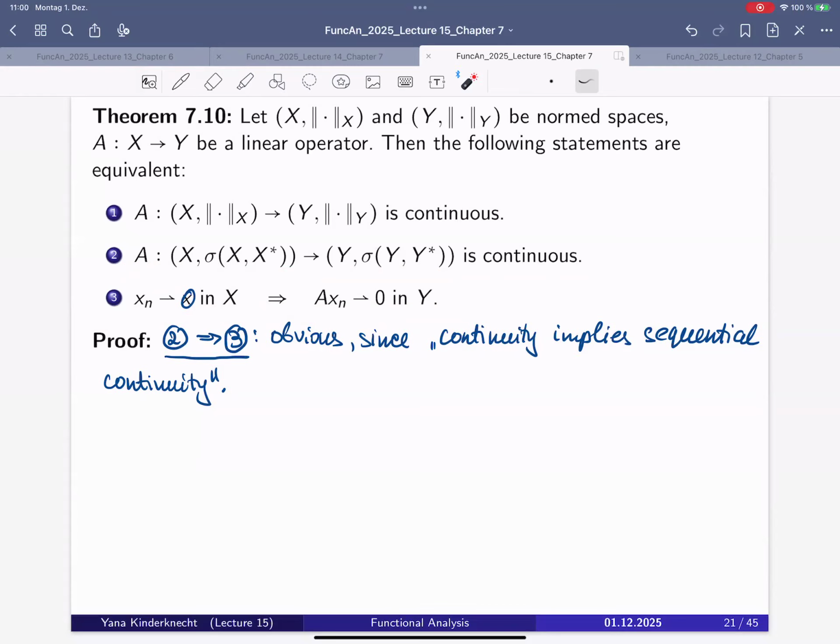Okay, and now the most interesting case is that 3 implies 1. In order to prove that 3 implies 1, I need to recall a corollary.